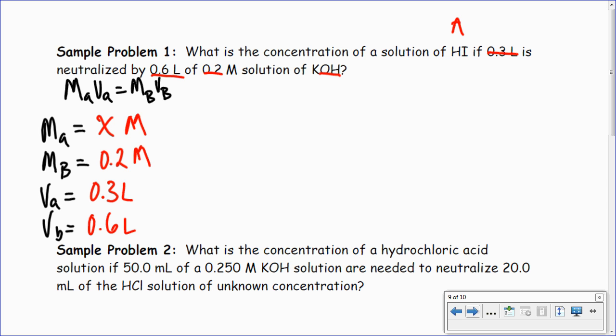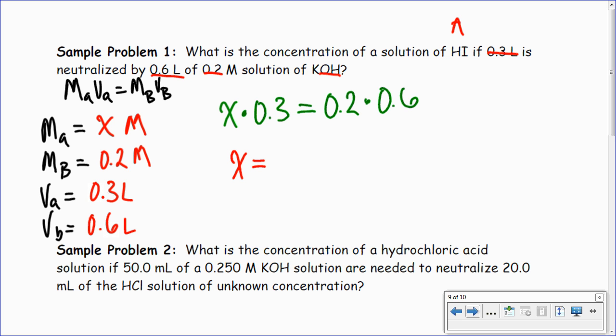So we're finding out the X molarity, the M's for the units of molarity, and the L's for units of liters. So then we just plug and chug, MA, VA, MB, VB. So we got X times 0.3 equals MB 0.2 times 0.6. Well, that's a pretty straightforward way to calculate that.